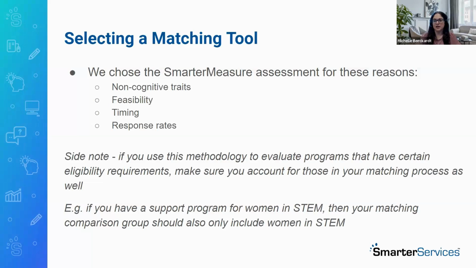So if you're evaluating a program's effectiveness for women in STEM, then your comparison group should also be women in STEM. So that's just one caveat with how you may or may not implement a method like this.